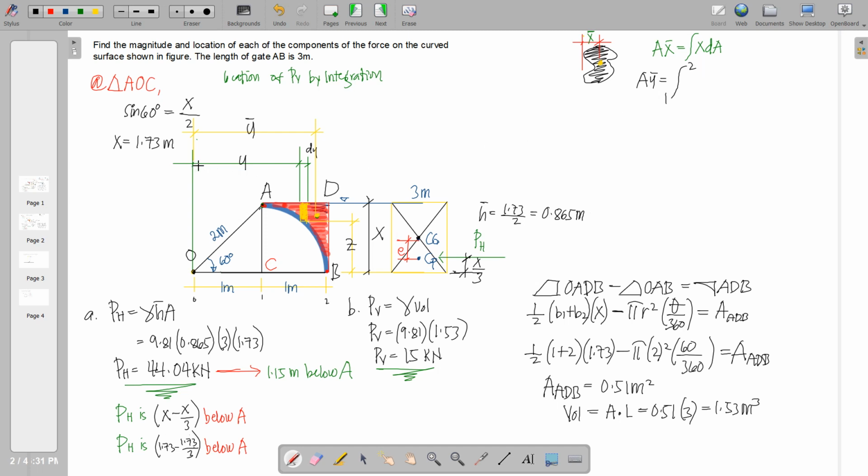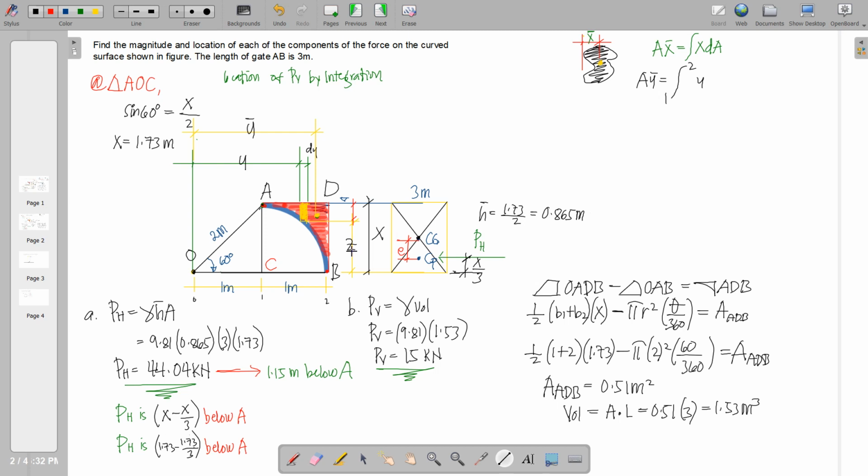So in your figure, your horizontal distance is y, and then your differential element area is dy times this distance, because this distance is the height of this element and the base of the element is actually dy. Looking at the dimension, we can say that x is the whole dimension of these two.